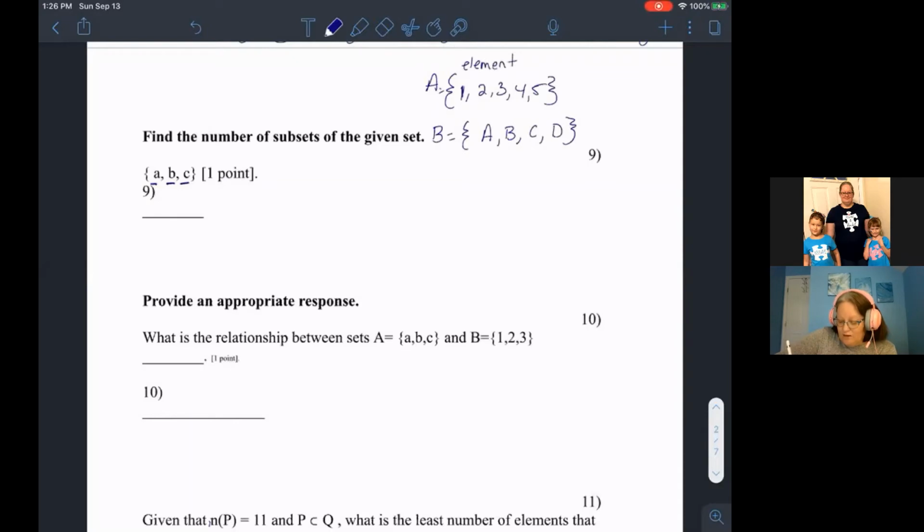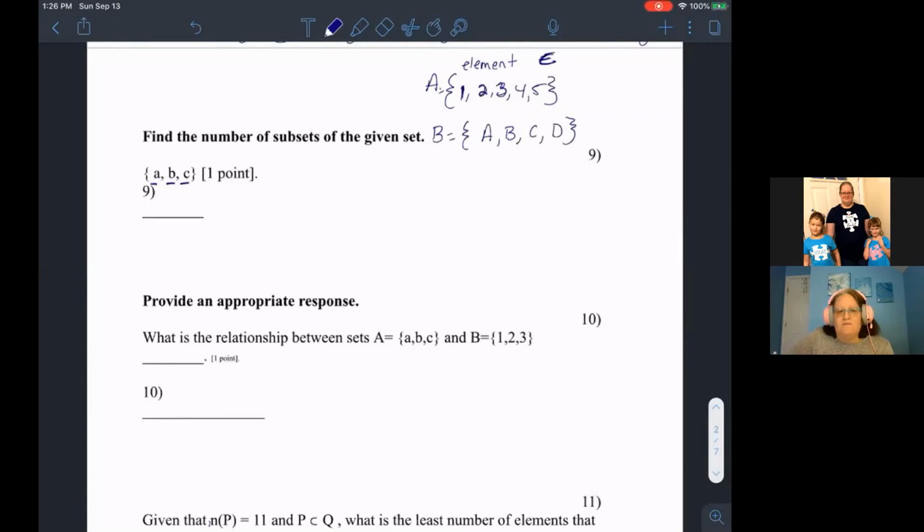So like the number 1 is an element, the number 2 is an element, the number 3 is an element, and that's notated as like this symbol right here. It looks like an E. Number 1 is an element of set A. Number 2 is an element of set A.